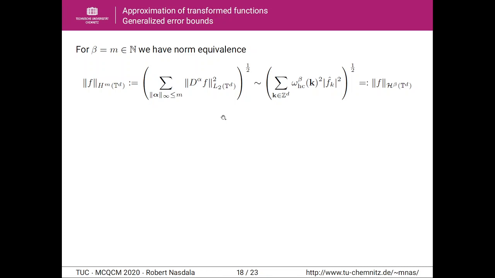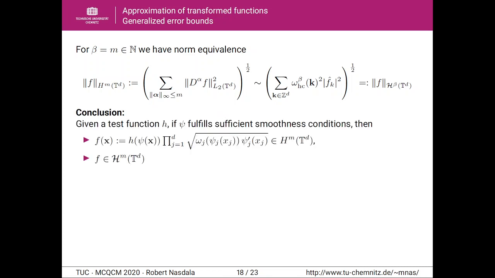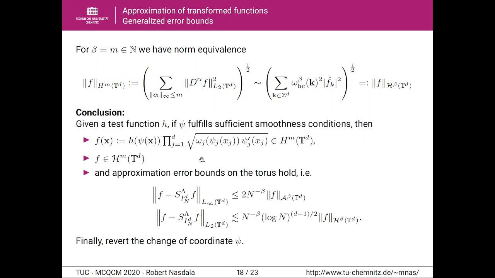And now we can summarize our procedure as follows. We took a non-periodic test function h, created a transformation that fulfills some conditions, and then we have a periodized function f, which is in some Sobolev space Hm, meaning it is also in this H beta, which then allows us to use the approximation error bounds that I showed you initially.